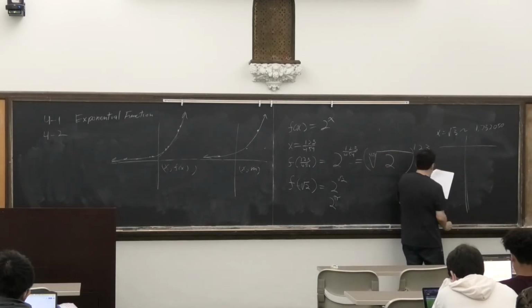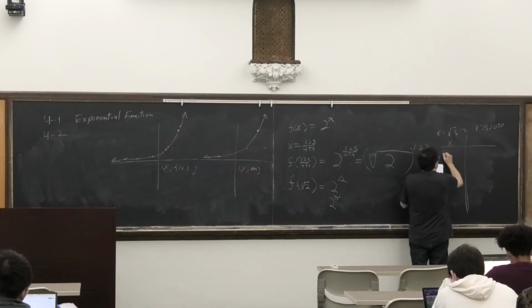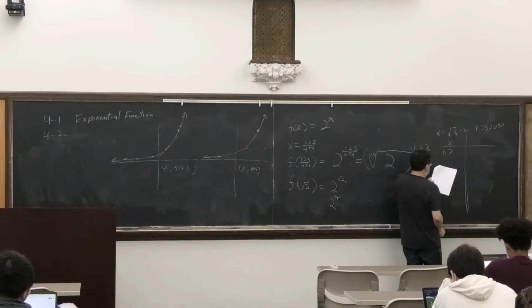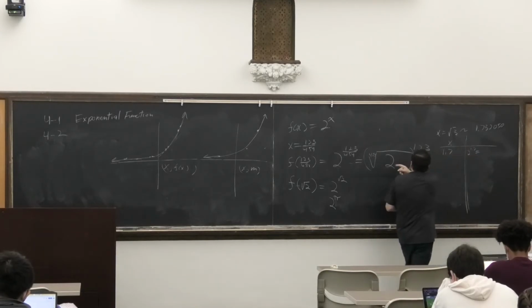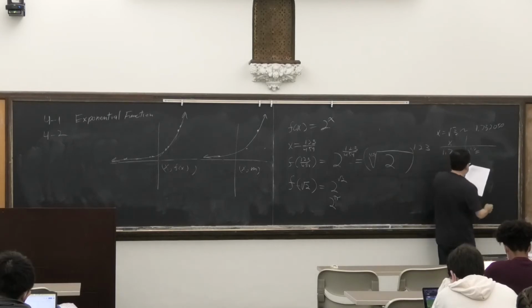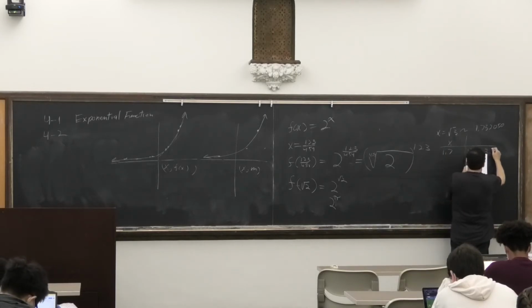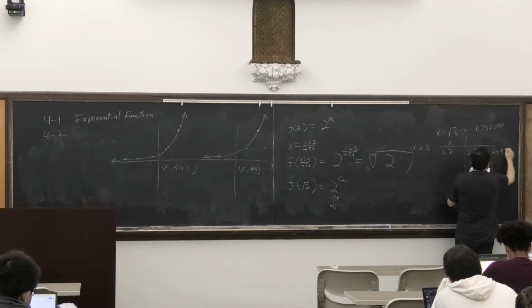So I could start by evaluating 1.7. And then 2 to the 1.7. Well, that's a rational number, so I know how to handle that. That's approximately 3.2490.